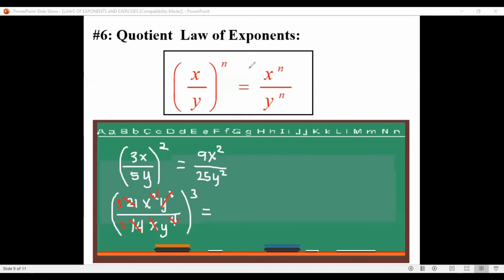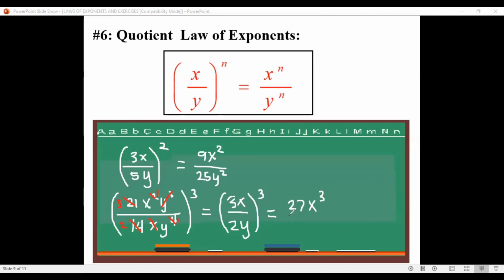So actually, what we are now doing is simply 3x all over 2y. Okay, and this is the number that we have to raise to the third power. We have 3 multiplied by itself 3 times, so we have 27, and x raised to the third power.